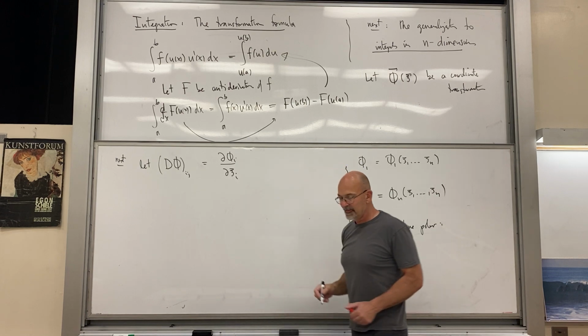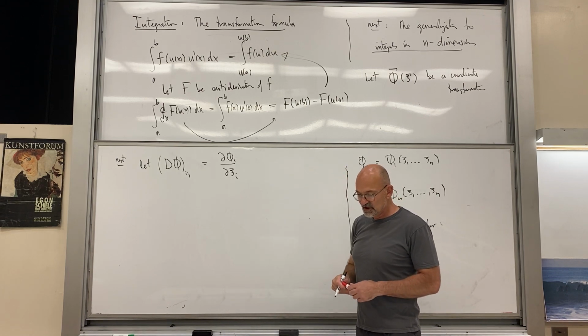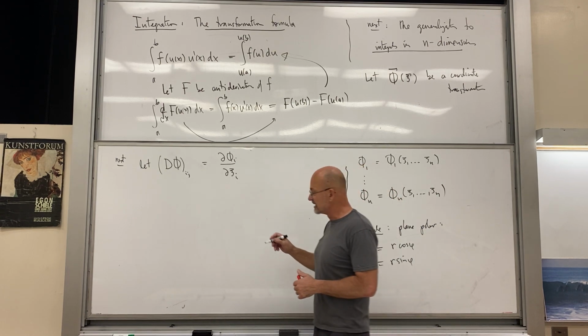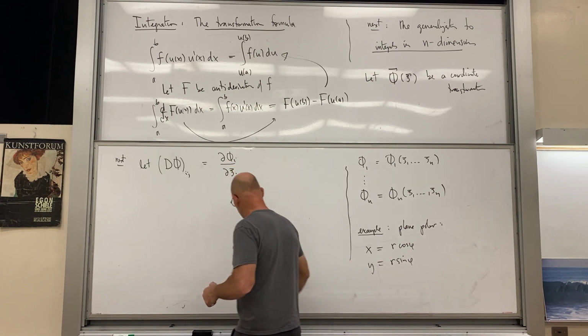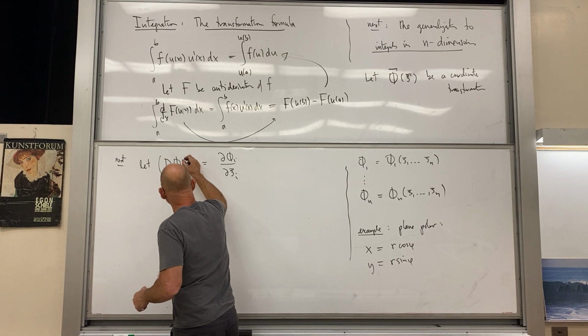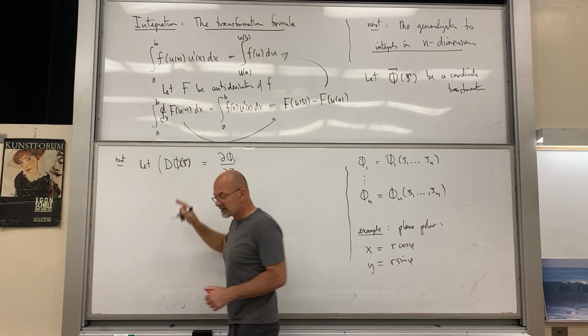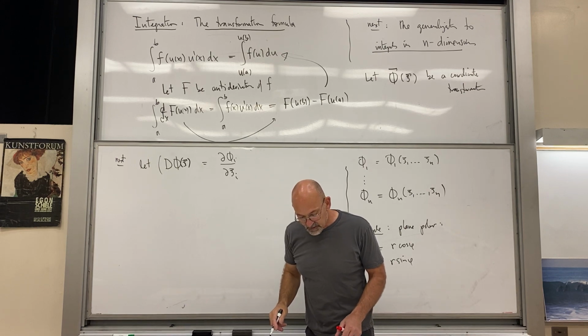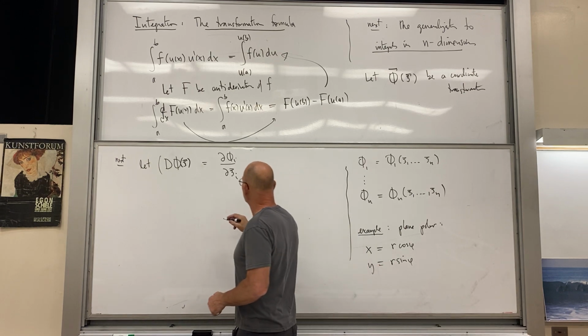Okay. And that's the Jacobian matrix. In my own notes, I'm not going to put a vector on the phi.